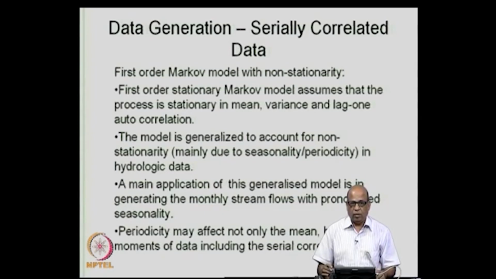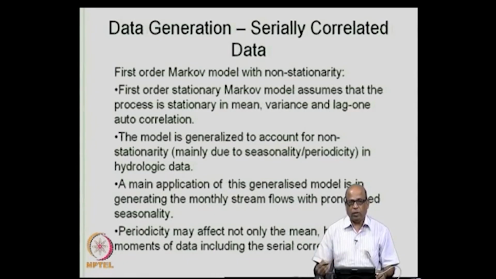But as we are well aware, the hydrologic time series exhibit non-stationarity, especially when you are talking about the stream flows. Let us say the stream flow of June month will have its own mean, which will be much different from say flows during April or flows during February and so on, especially in the monsoon climate.